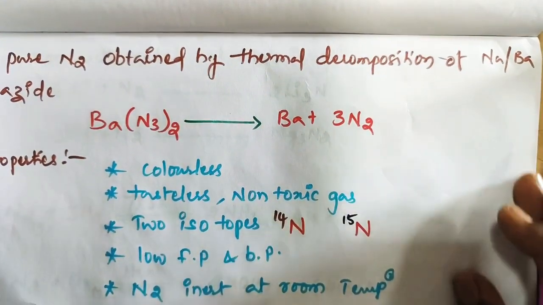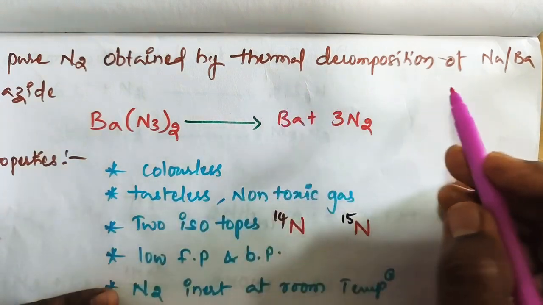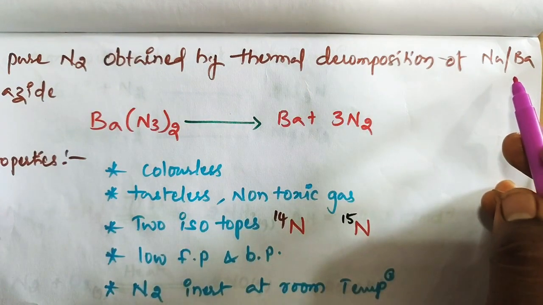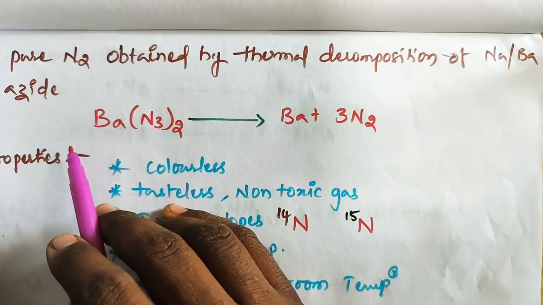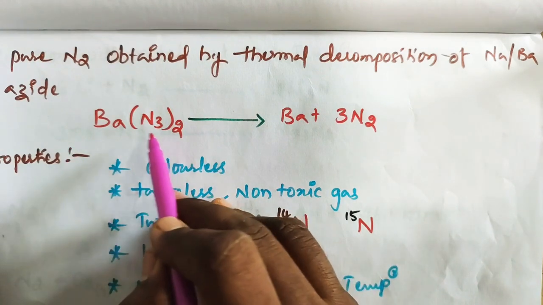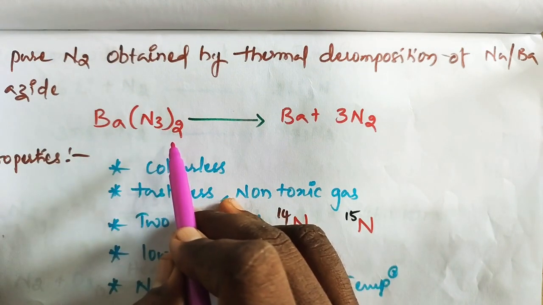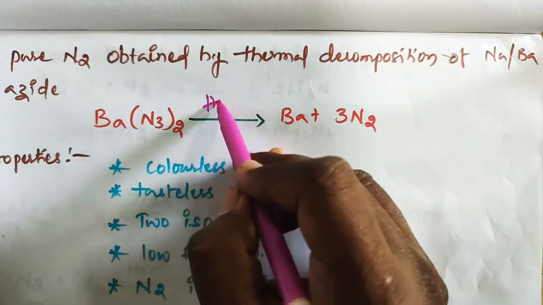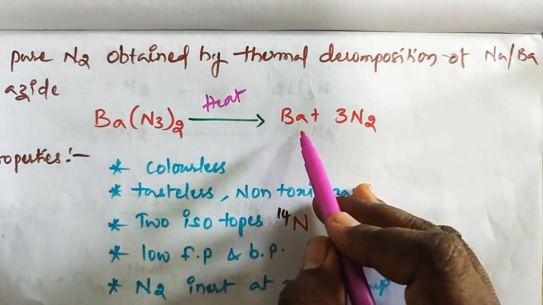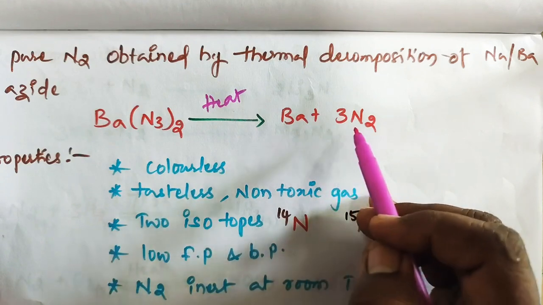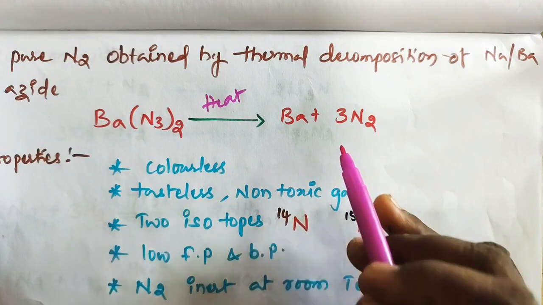A very pure form of nitrogen is obtained by the thermal decomposition of sodium or barium azide. For example, take barium azide, Ba(N3)2. By applying heat, thermal decomposition, we get barium plus 3N2.